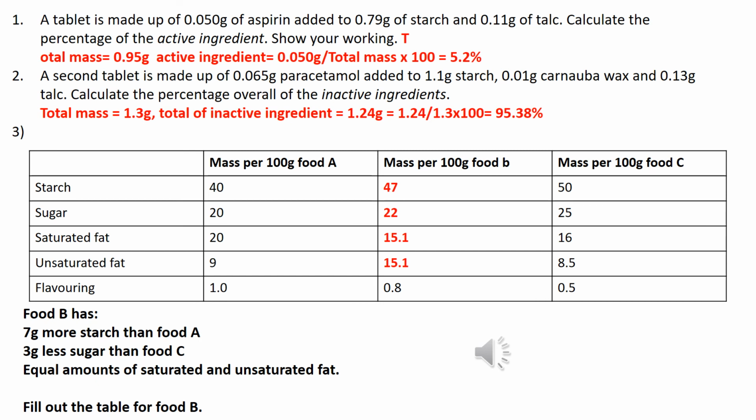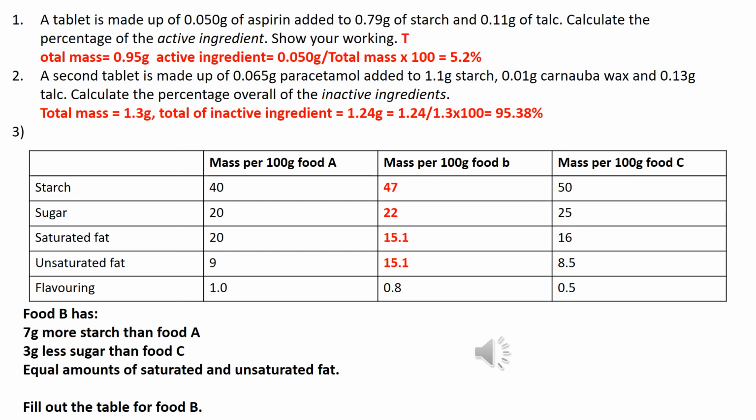So you should get 1.24 grams. To work out the percentage, 1.24, you divide that by the total mass, which is 1.3. You times that by 100, you should get 95.38%.